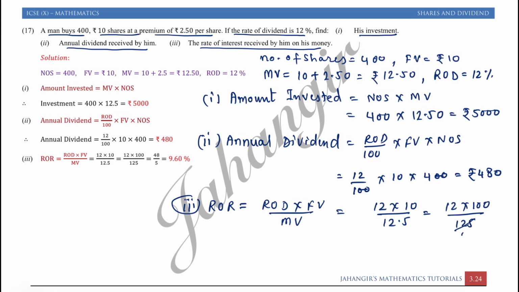You can cancel, 25 5s are 125, 25 4s are 100. So that is 48 upon 5, which is equal to 9.60%. Hope you understood. This is a straightforward question. Here we had used three different formulas. First for amount invested, second annual dividend and third rate of return.